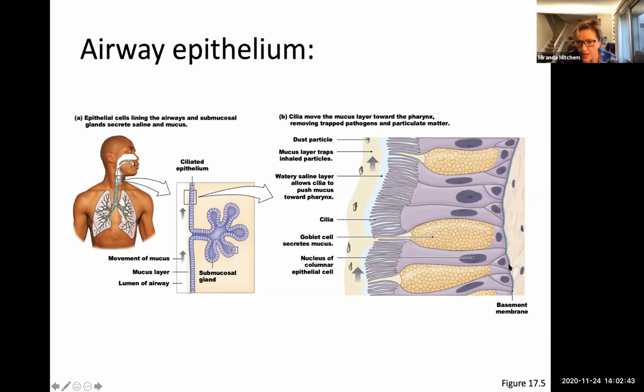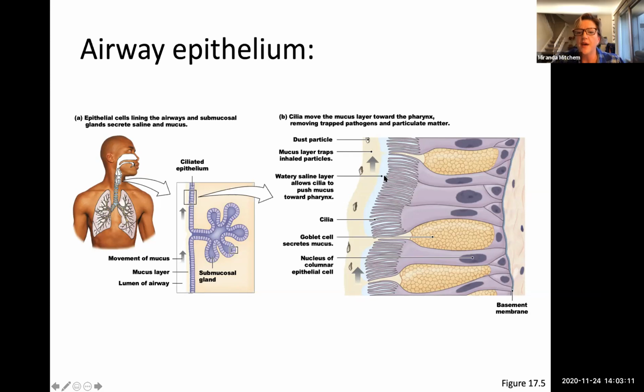So here we've got our basement membrane in blue, and then we've got other connective tissue behind it. And then the cilia are at the very ends of these epithelial cells. So all of the purple are the epithelial cells of this lining, and then they extensively branch, increasing the surface area to volume ratio.